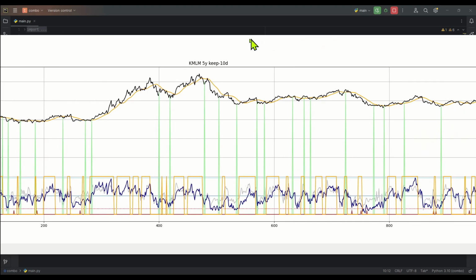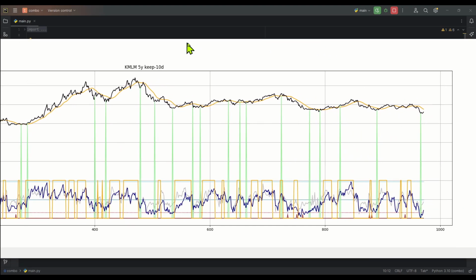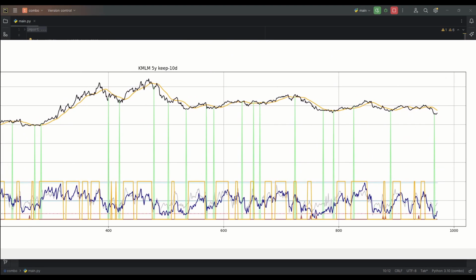Yeah, like blue is not. There's no easy win to be found here either. This one's more clean.